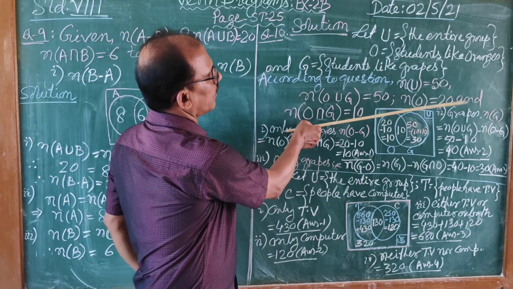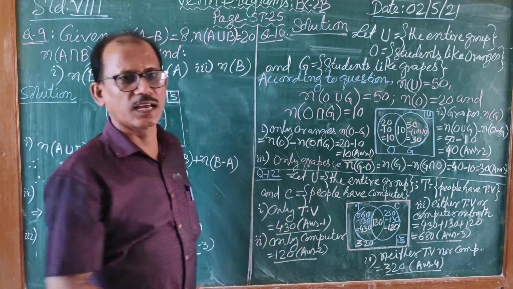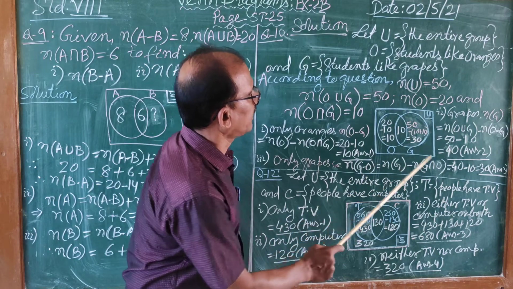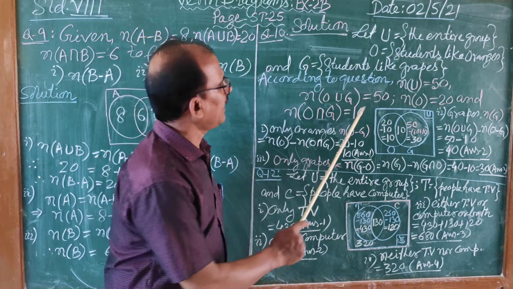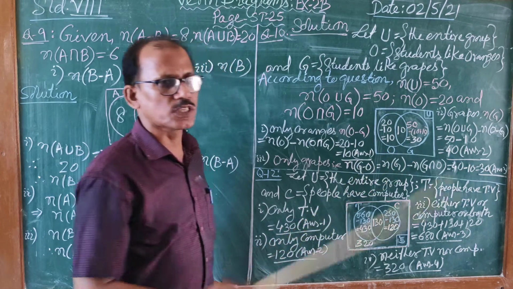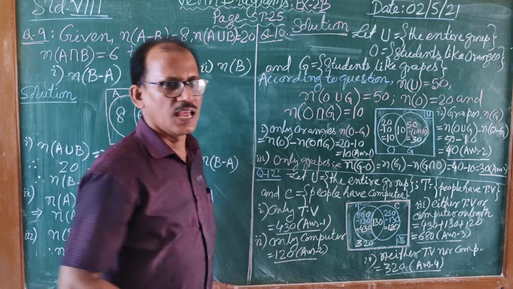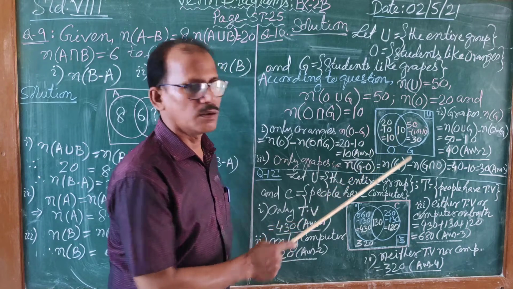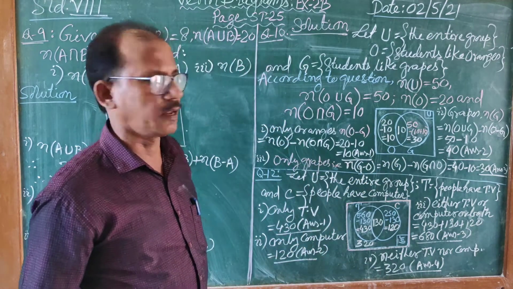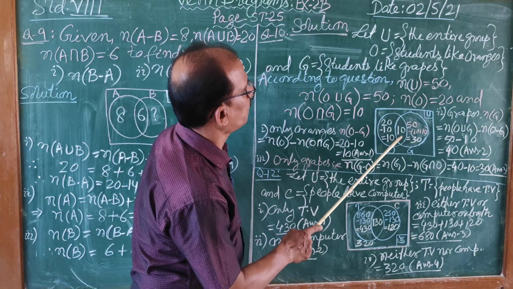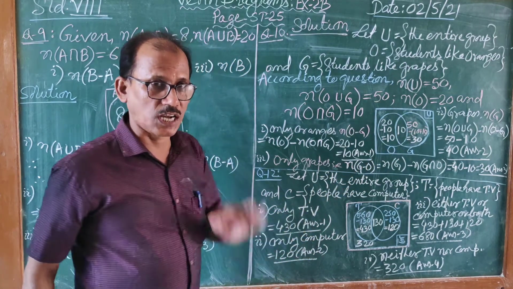Up to here, if you can draw a diagram, now draw a diagram: a rectangular shape for the universal set, and inside the universal set two subsets O and G. If you put the cardinal number in each particular region, you will be able to reply very nicely. See, first of all, start with both.